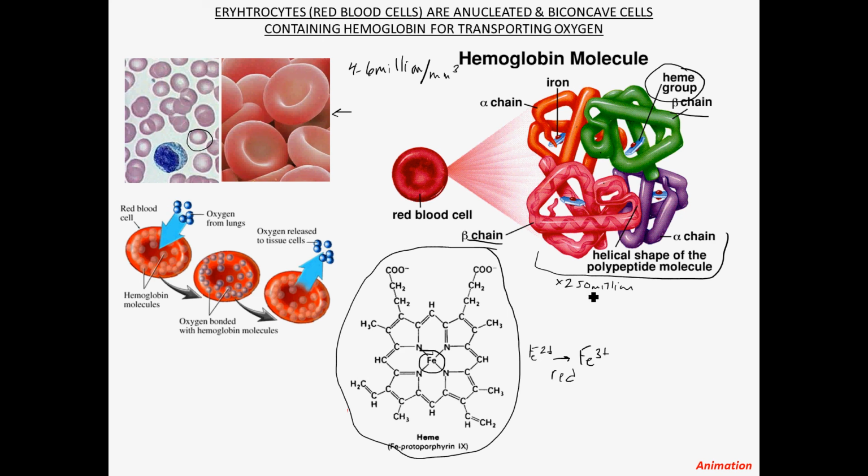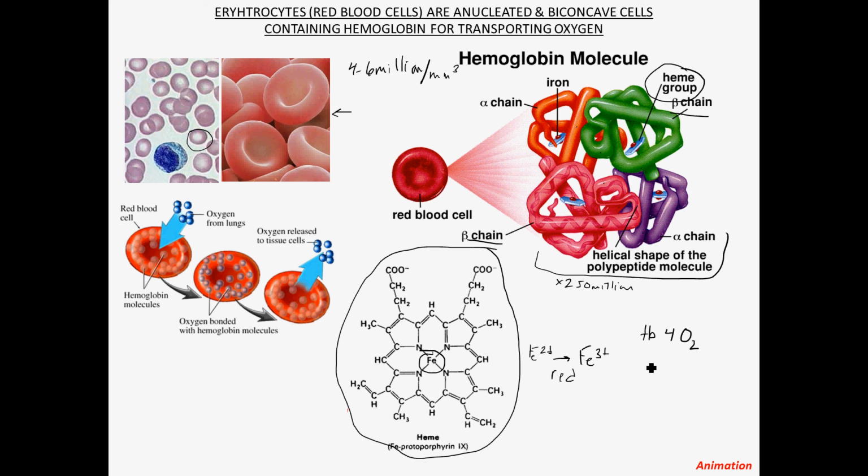Again, 250 million of these hemoglobin molecules per red blood cell. Each hemoglobin molecule has 4 globular subunits, and each subunit has a heme component, a porphyrin ring and an iron atom, so that each hemoglobin molecule can bind 4 oxygen molecules.